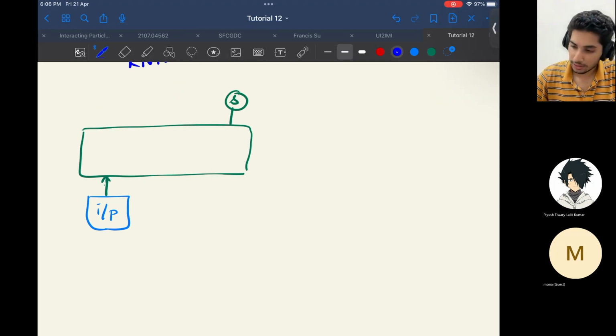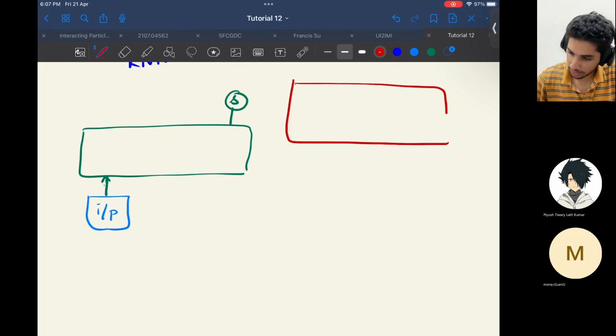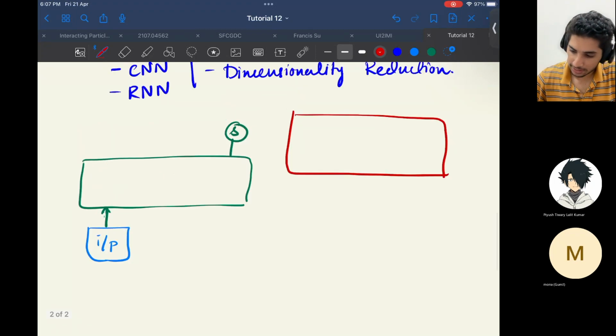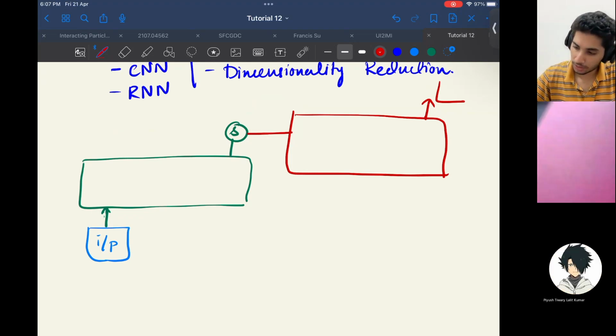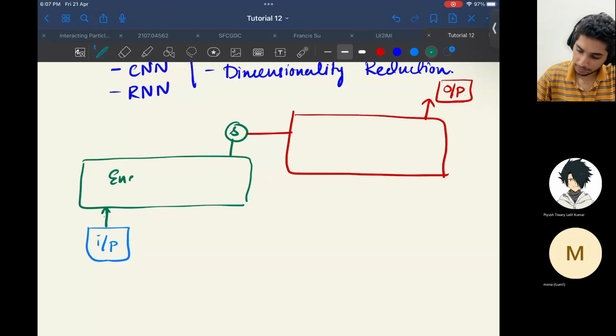Then this summary is fed to a decoder model. The decoder model takes this summary as input, and then it outputs something, the output depends on what the task is. So this is your encoder, and this is your decoder.